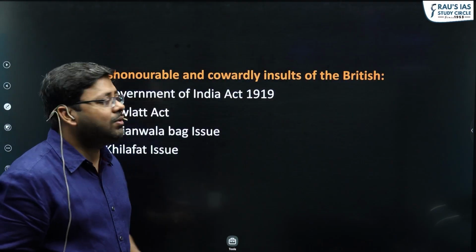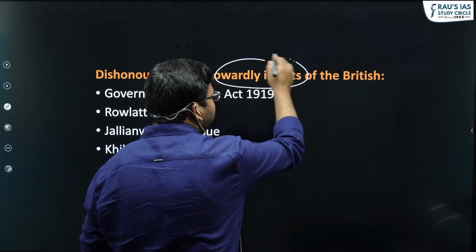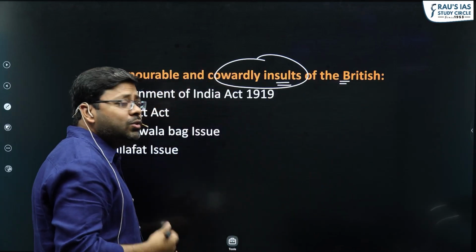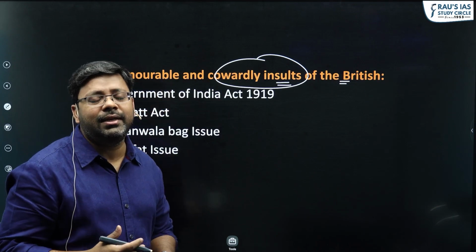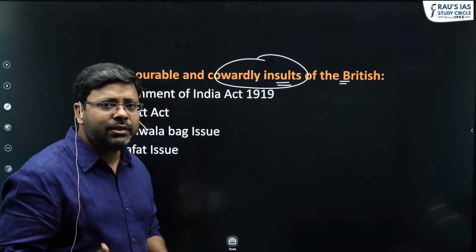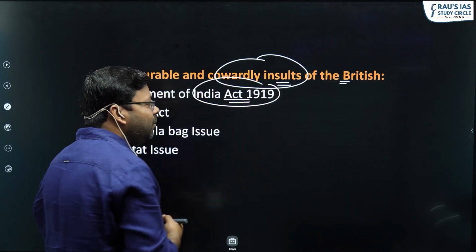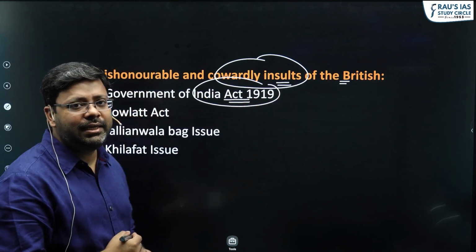The second keyword is basically the cowardly insults inflicted by the British on the Indians. So, what did the British do at that time that insulted the Indians? The first such act was the failed reform of the Government of India Act 1919.